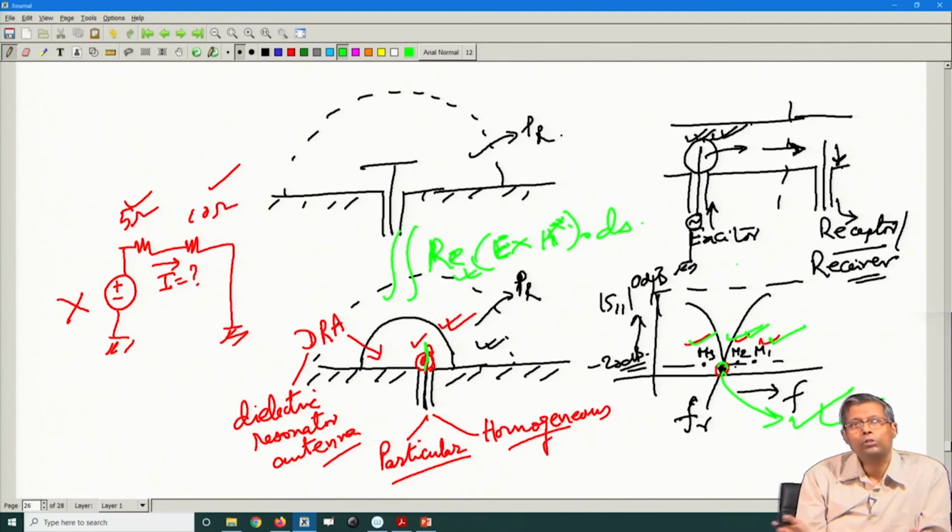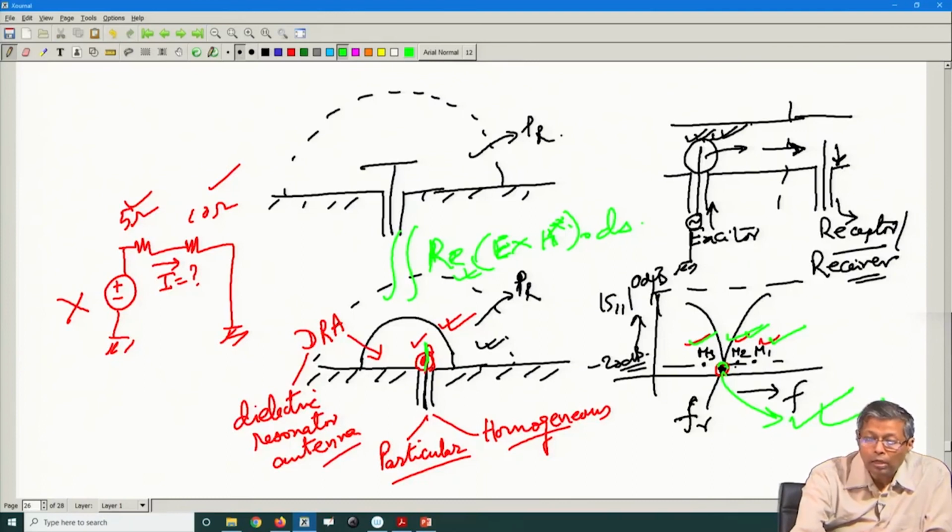Okay, all the modes are considered and everything is taken into account. So that way I can have a deeper insight into any given resonance of an antenna.